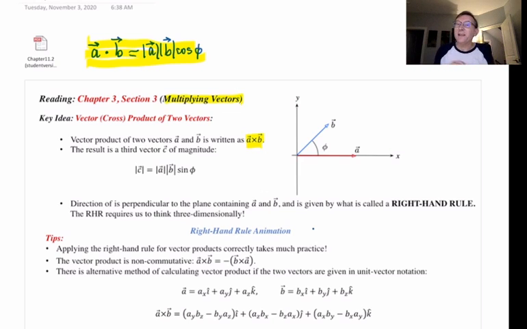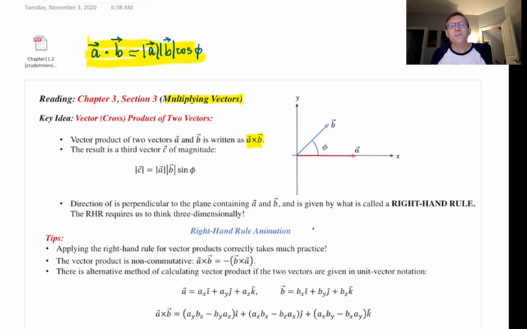We are just using that symbol that you have seen so many times before. But what it means in this context, when it's between two vectors, is that you are to take the vector product of A and B.